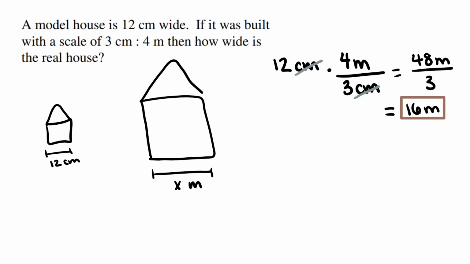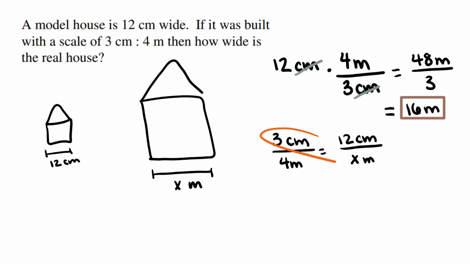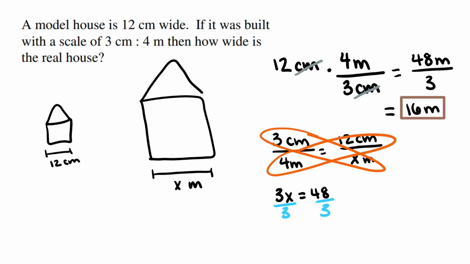Now if we set up our proportions, we'll get 3 centimeters over 4 meters equals 12 centimeters over x meters. So we'll cross multiply. We get 3x equals 4 times 12 is 48. Divide both sides by 3. And x is equal to 16 meters, just like we found before. So we get the same answer.